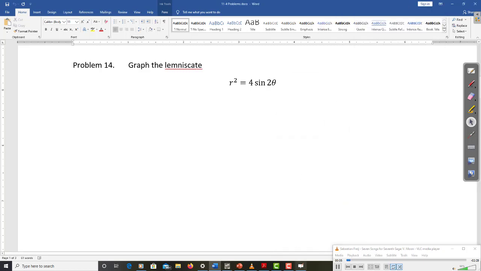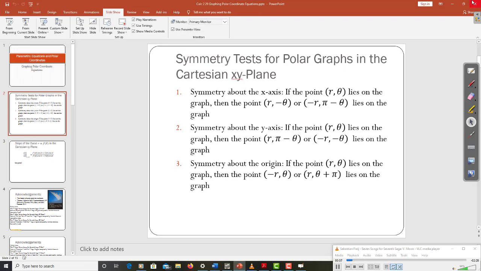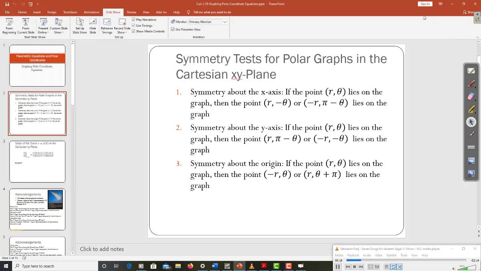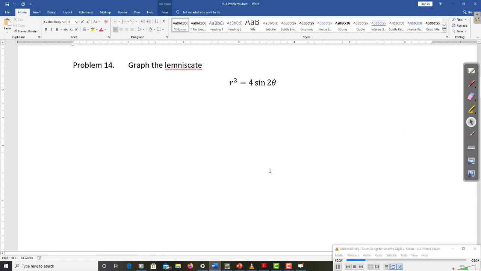I suppose I should have dealt with the symmetries while we were thinking about it. So symmetry about the x-axis, it doesn't look like it from the graph, but if I replace theta with negative theta, it's not going to be the same. It'll flip the sign of that side. If I replace r with negative r and theta with pi minus theta, r with negative r isn't going to change anything. But if I change to 2 times pi minus theta, I think the 2 is going to cause a problem.